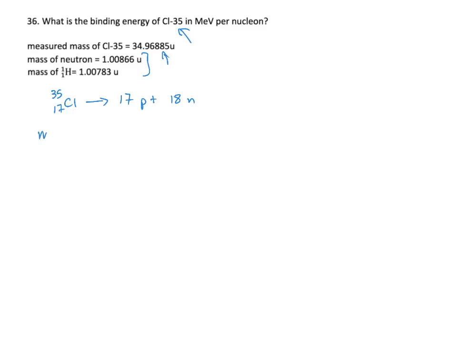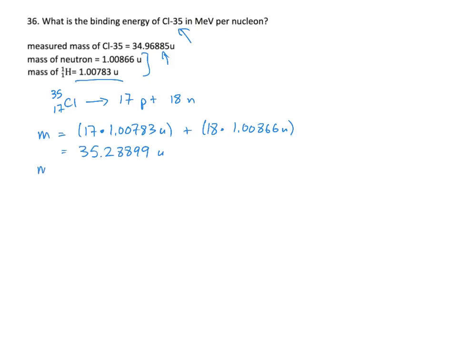Okay, so the mass of the protons and neutrons is going to be equal to 17 multiplied by the mass of a proton, which is given here, 1.00783 u, plus 18 times the mass of a neutron, 1.00866 u. That equals 35.28899 u.